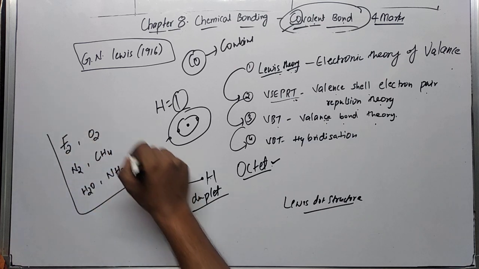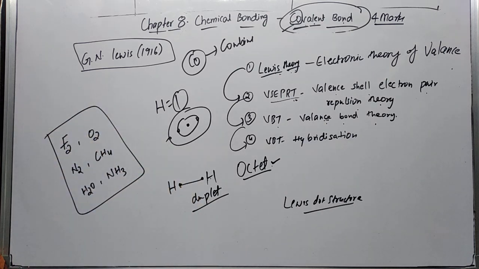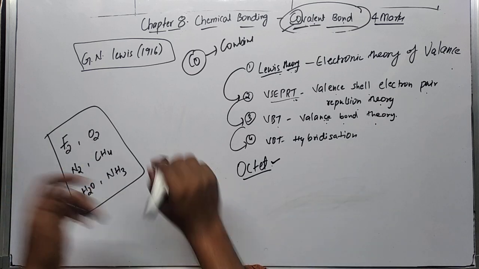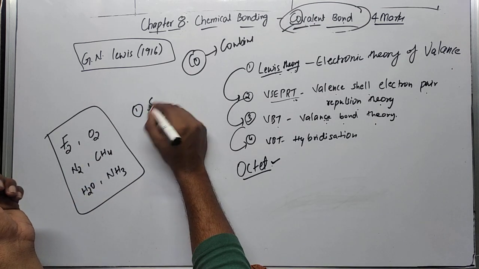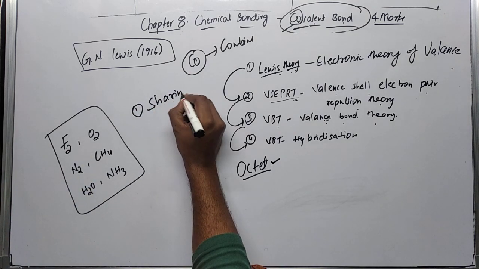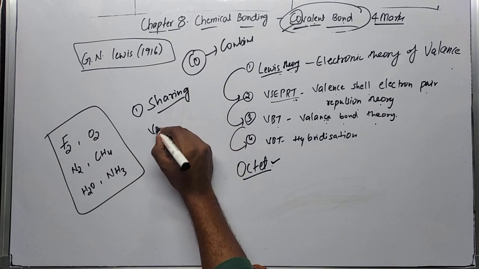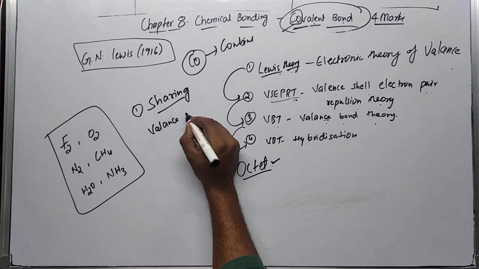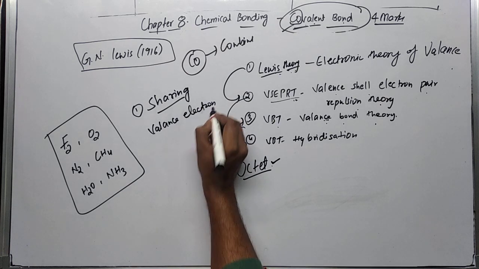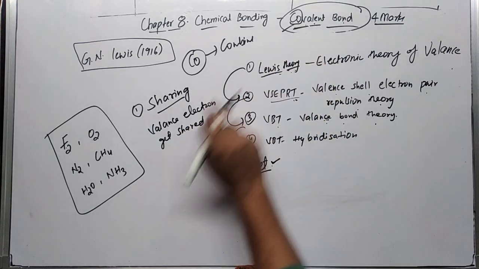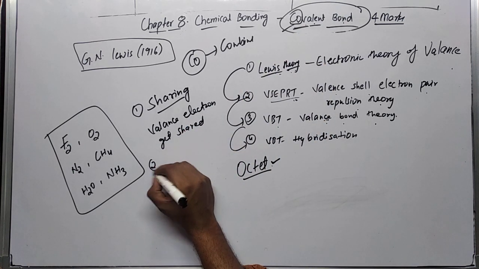So if you take the example of covalent bond, first we will be learning about the properties of covalent bond. First point: a covalent bond is formed by sharing of electrons. The valence electrons get shared, so it forms during the sharing of electrons.